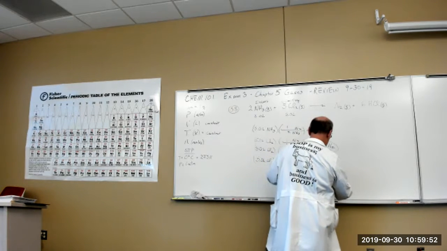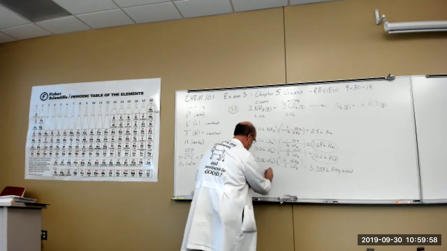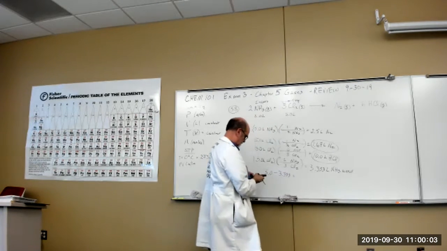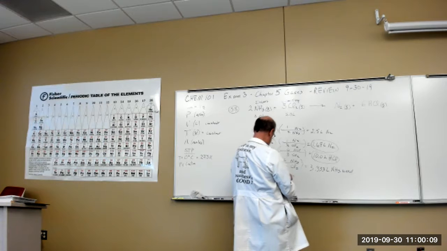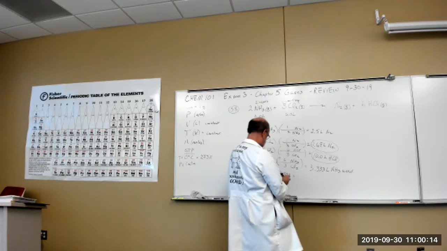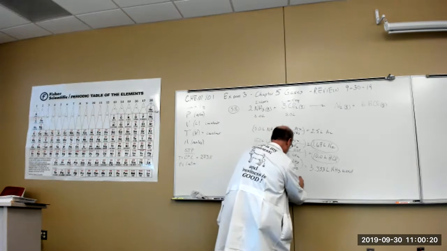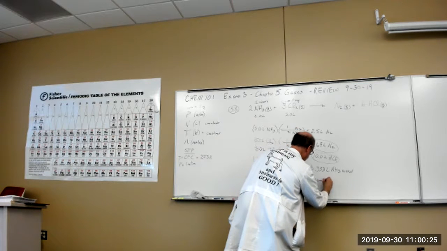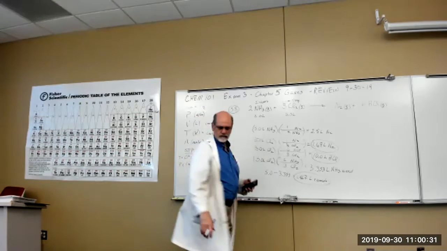Liters of ammonia used. So how many are left over? 5 minus. Did I do that right? 1.7? 1.67 liters remain. Right. Okay. So that's the amount of gas we have after the reaction.